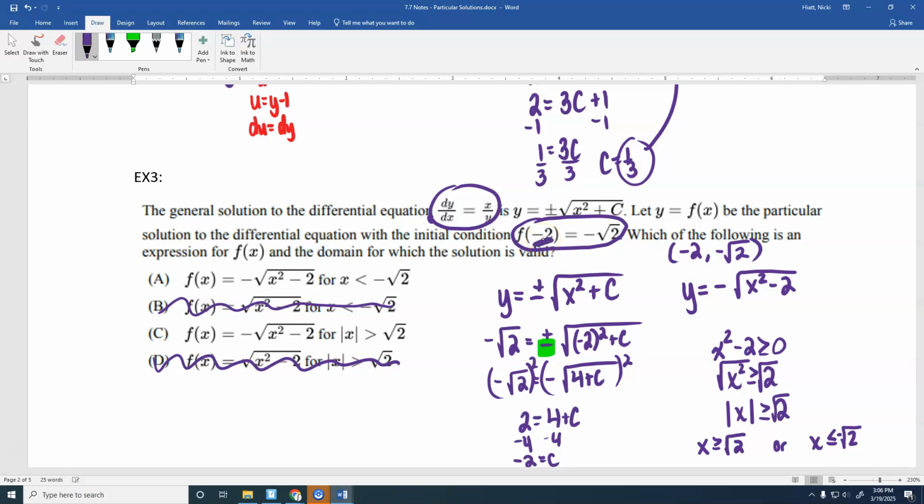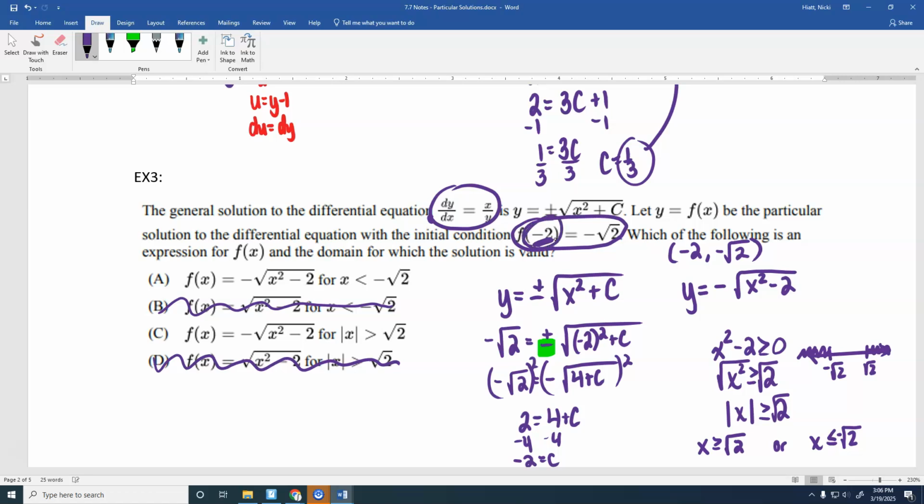So we have to choose one side of this. You could also think about it like, you got square root of 2 and negative square root of 2. It could either be the numbers bigger than square root of 2 or less than negative square root of 2. But whenever you're doing a differential equation like this, just like we had to choose the plus or minus, you've got to choose one of those sides.